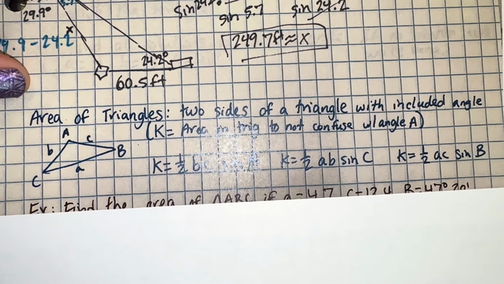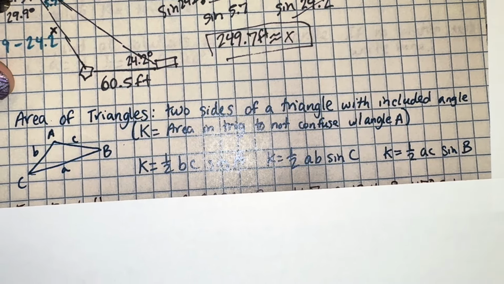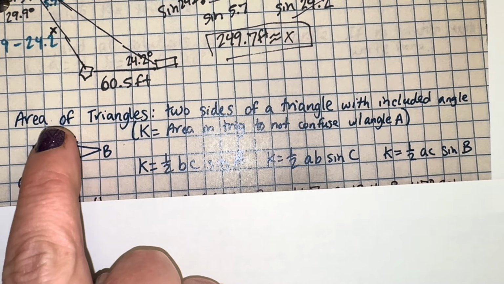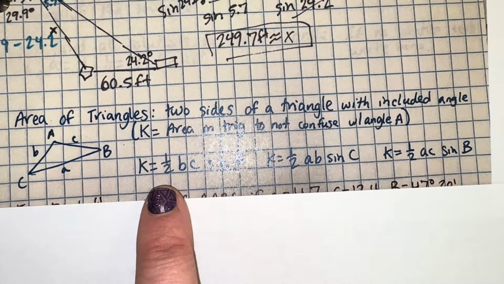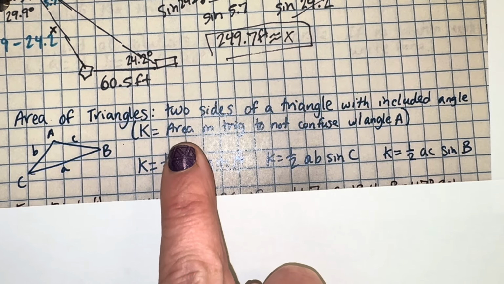Okay. All right, next thing we can use sine for is to find the area of triangles. So the area of triangles says that if I have two sides of a triangle with an included angle, so two sides with an angle between them, we have this formula that works, okay?